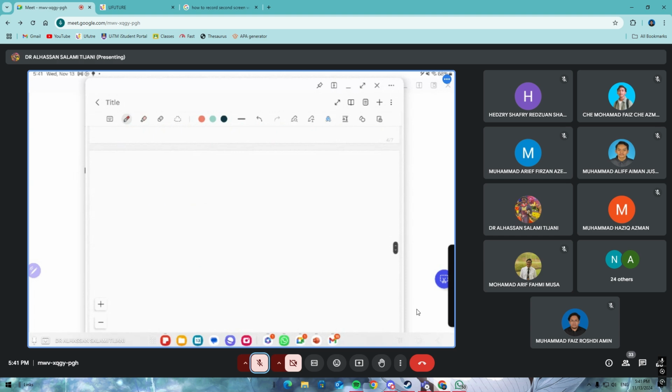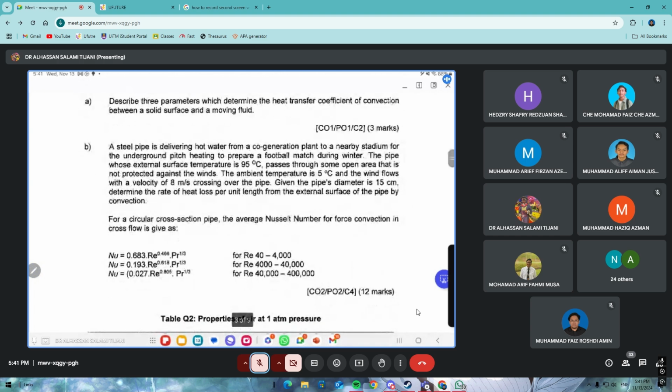Now, moving back to the next question, we have a steel pipe delivering hot water from a cogeneration plant to a nearby stadium for underground pitch heating to prepare for a football match during winter. The pipe, whose external surface temperature is 95 degrees Celsius, passes through some open area that is not protected against the wind.